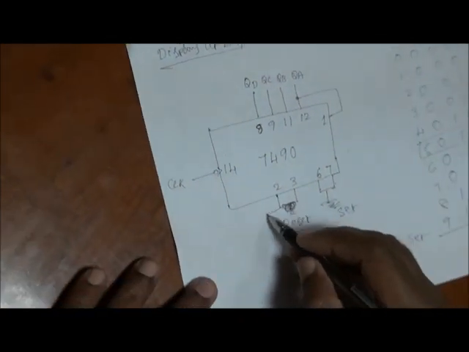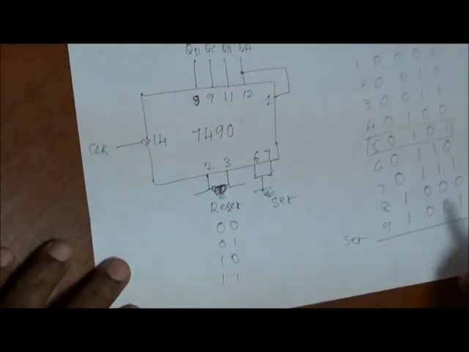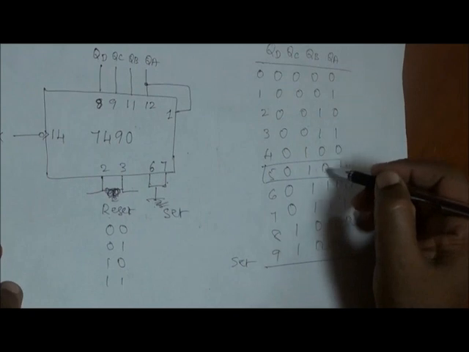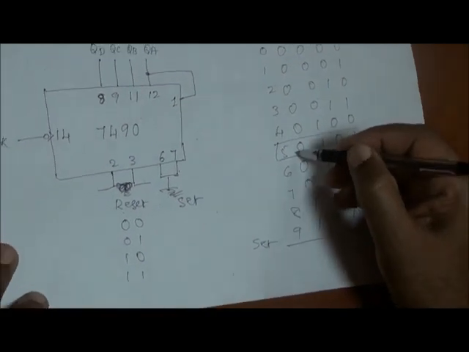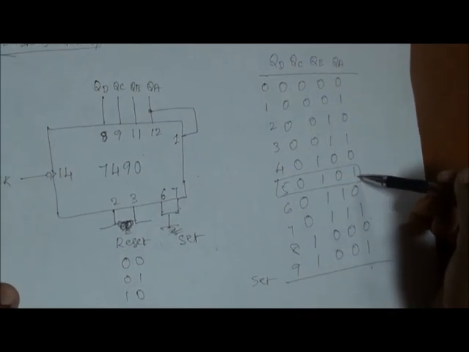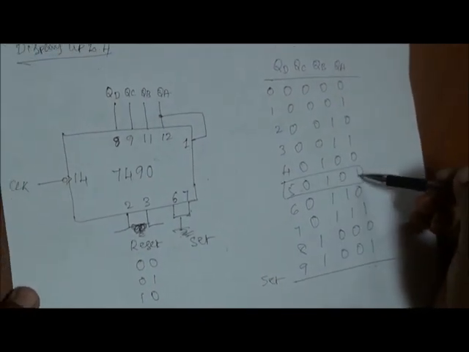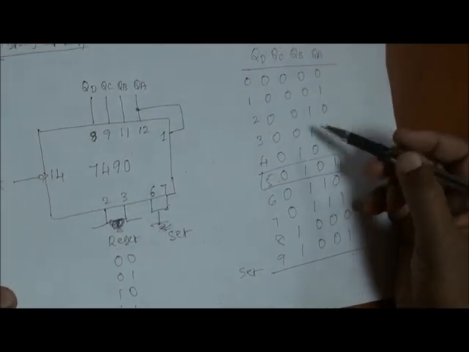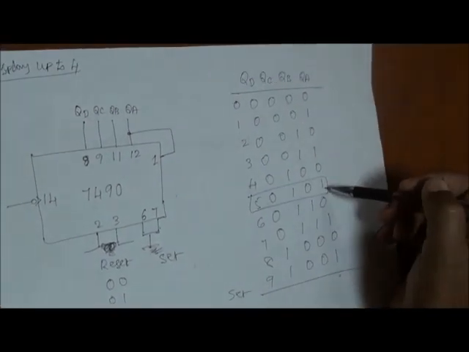So you have to separate pin number 2 and 3. Now column wise you come and check where the ones are, and also find out how many ones are there in 5, because if you want to count from 0 to 4, this 1 has to become 0, no? So these ones have to be changed to 0, so that you will go back to the first condition. So QC is 1, QA is 1.